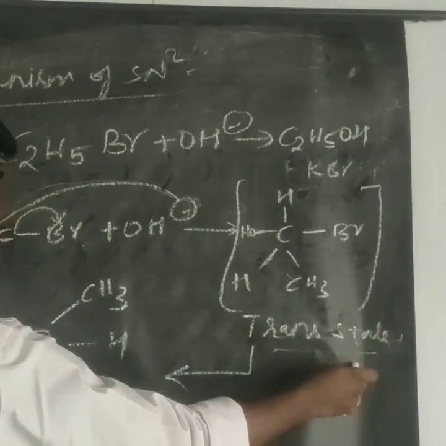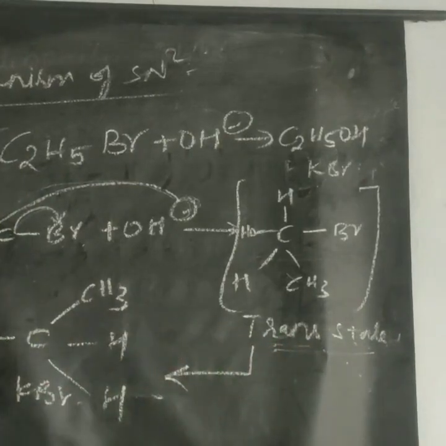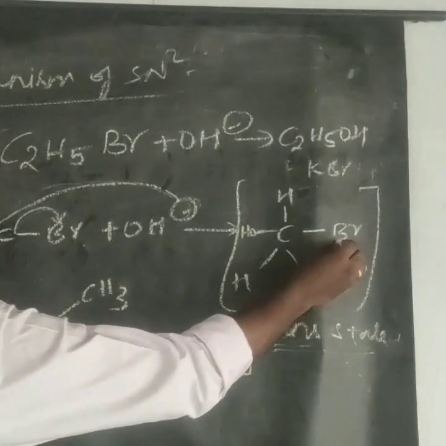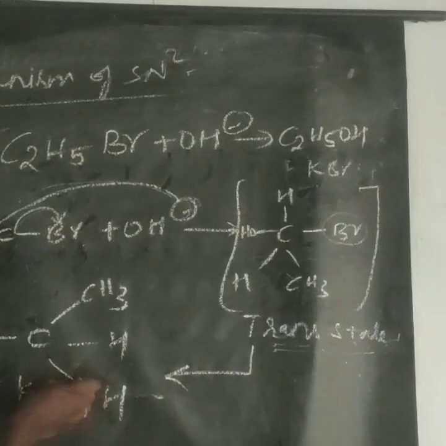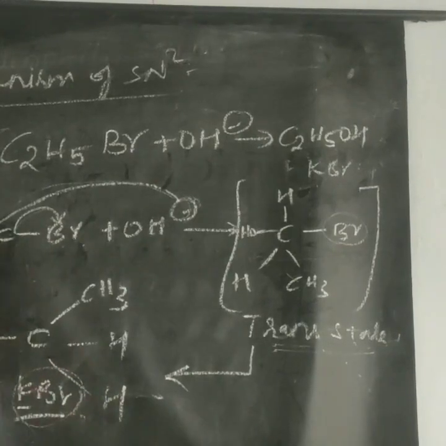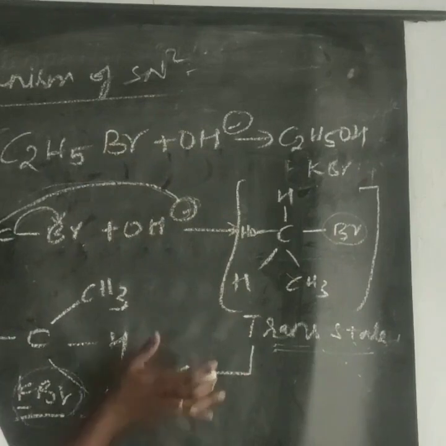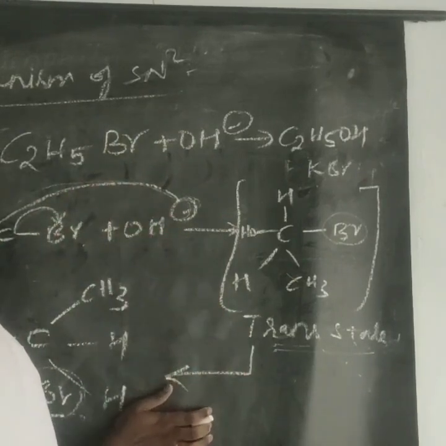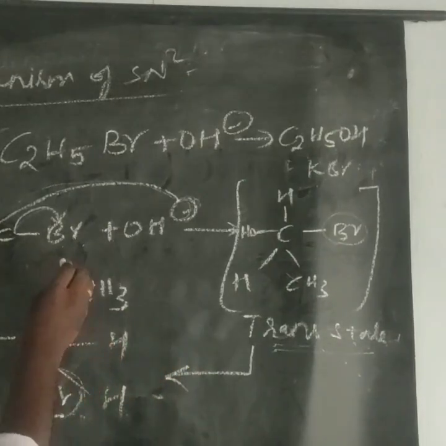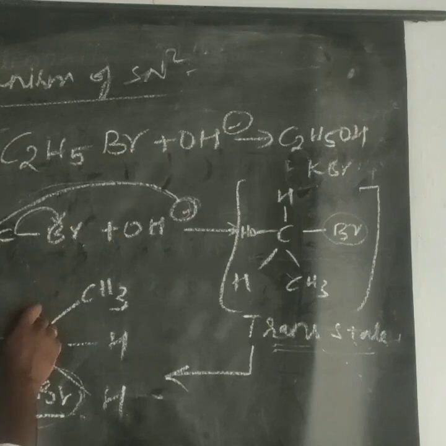Then the bromine leaves and forms potassium bromide. So this is the mechanism of the SN2 reaction. It is a single step mechanism, Walden inversion takes place, and the rate depends upon the alkyl halide and the nucleophile.